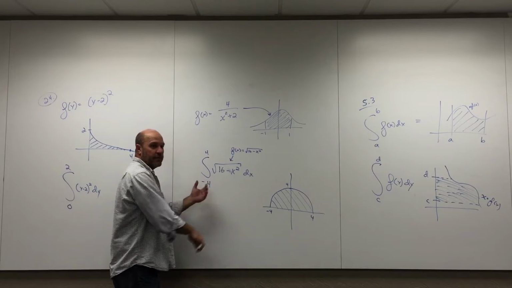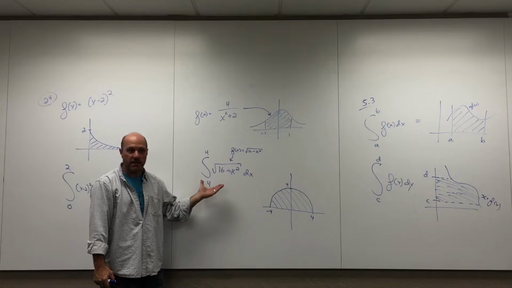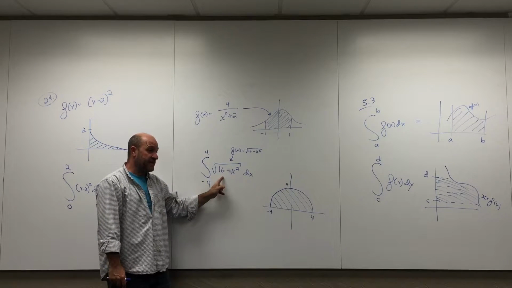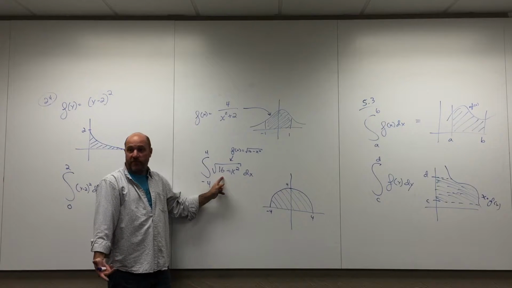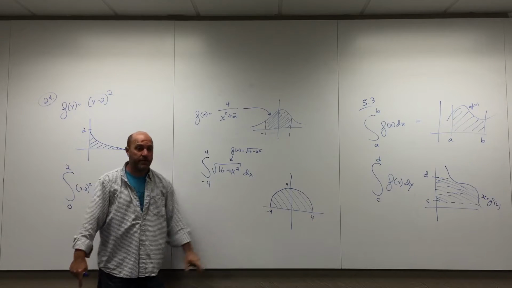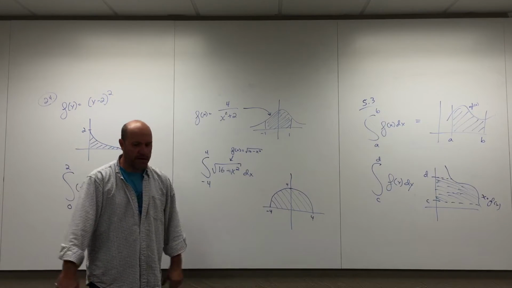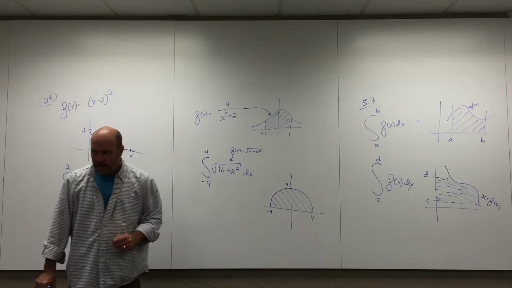So what did I do? They gave me this and asked me to draw a picture of what it represents. I typed this in my graphing calculator so I could get a graph of this semicircle from -4 to 4. And I'm done. That's all they wanted.